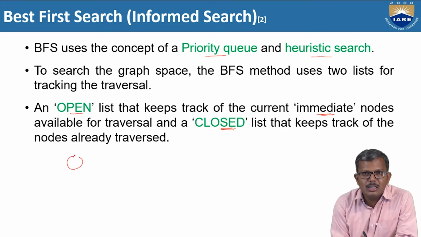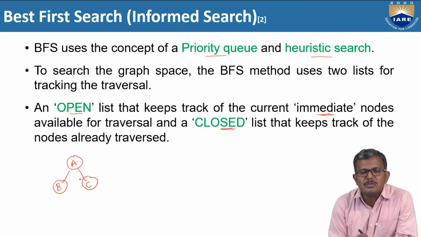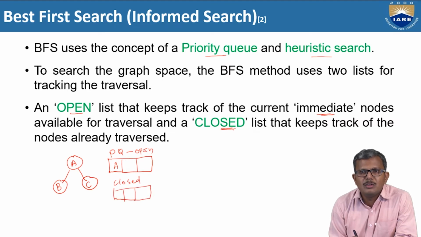For example, think that there are three nodes, A, B and C. Initially, think of one priority queue named open. In this queue, we keep A initially. Along with that, one more priority queue is there, which is called closed. At the initial state, there will be no label in the closed priority queue.